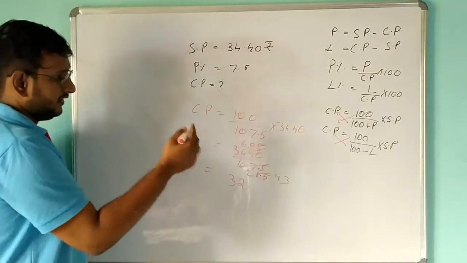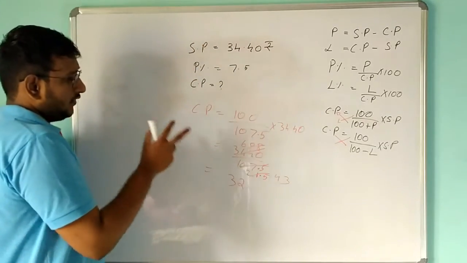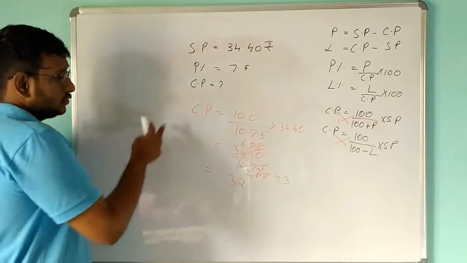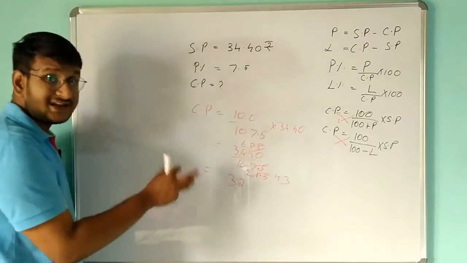So this is how we are getting the cost price. If we calculate this, we will get around 32. So the cost price is 32.